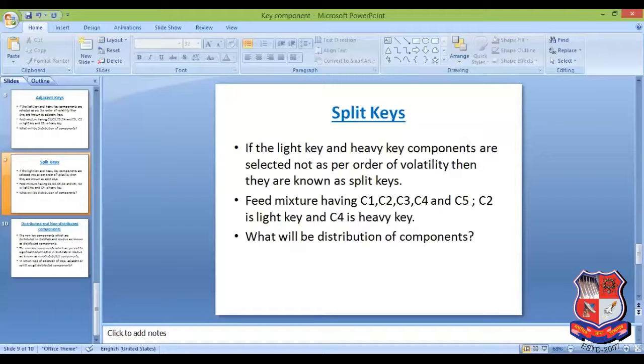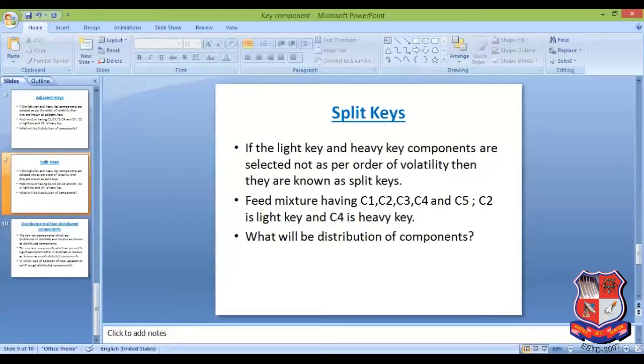So now once again, if I have to find out which component will be there in distillate in significant amount, then I will go for heavy key. The components which are heavier than heavy key should be absent in distillate. Over here only C5 is heavier than heavy key. So C1, C2, C3, C4 will be there in distillate. Now in case of residue, I have to look at the light key component.